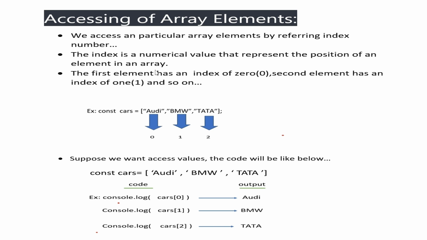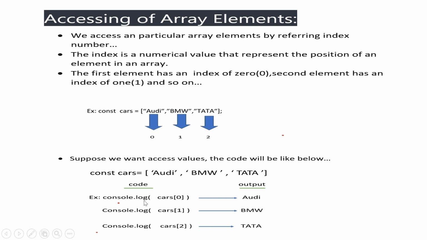Suppose we want to access values, the code will be like below. For example, I want to access the first value. Now what we are doing: cars of 0 means I will access that value by mentioning index number 0 here.